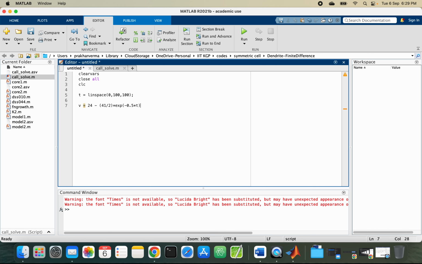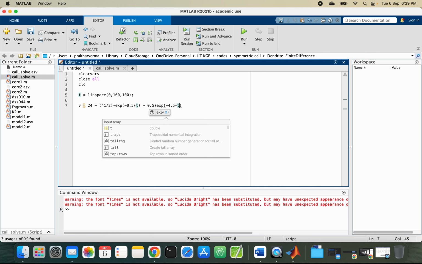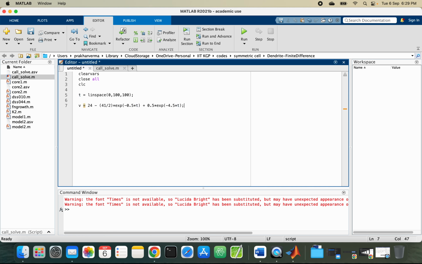Okay, and the second term was plus 1 by 2, that is 0.5 multiplied by exponential to the power minus 4.5 times time. So this was our voltage V.